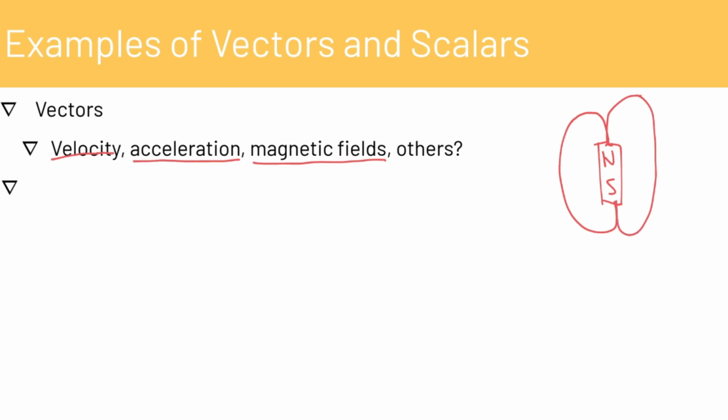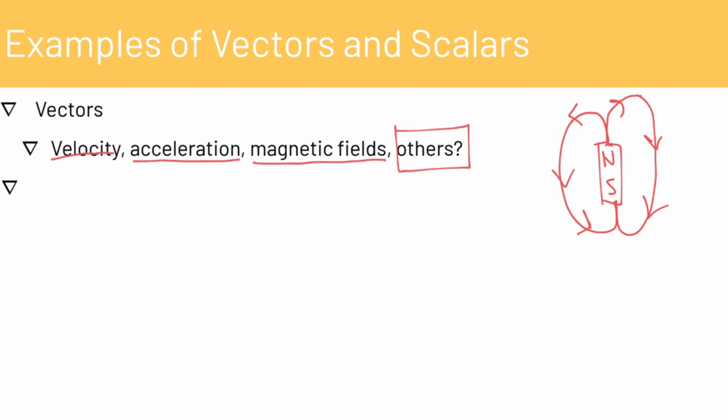The magnetic field lines have direction. They go from north to south, and they have a magnitude. The strength of the field is implied in the vector. And there are lots of others which you can think about and try and come up with some.